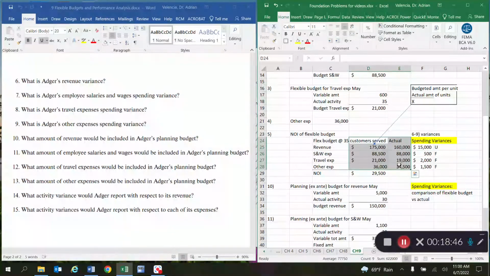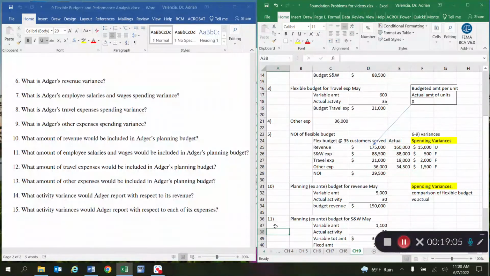Whereas this is actual. So since we're looking at the same level of sales or of whatever drives your budget, then any differences between these two are because we spent more or we spent less, right? That's the idea with the spending variances.